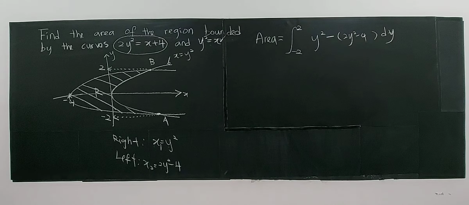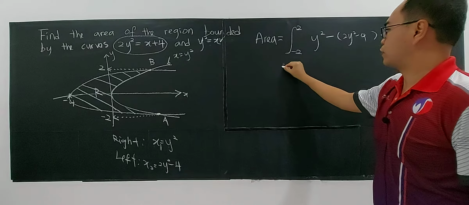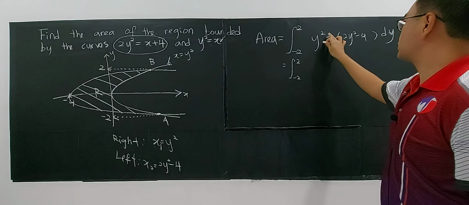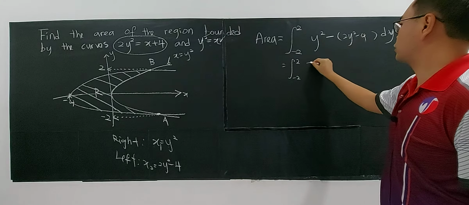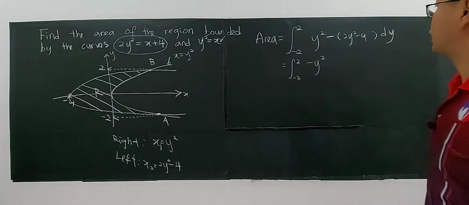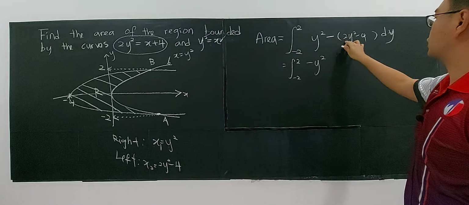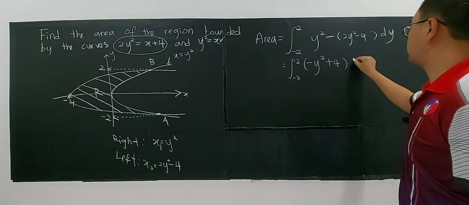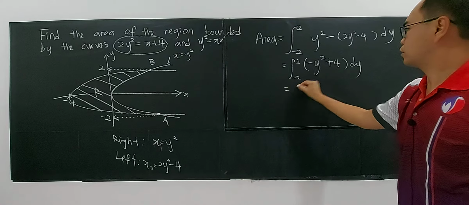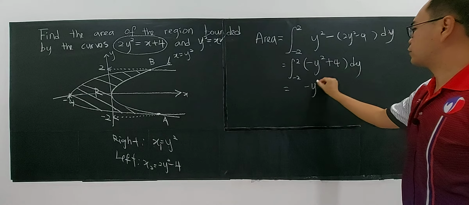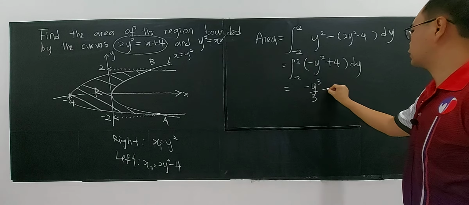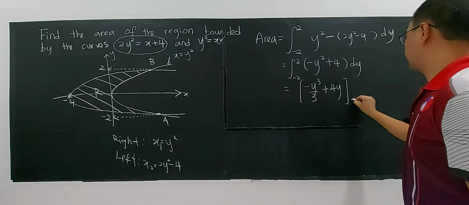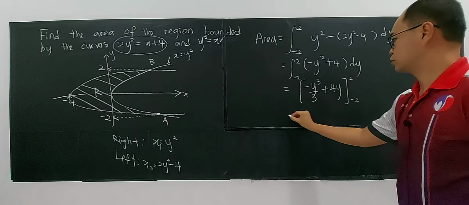You just integrate this. So you have the integral from -2 up to 2 of y squared minus 2y squared, which gives negative y squared, positive 4, dy. Integrating this, you have negative y cubed over 3 plus 4y from -2 up to 2.